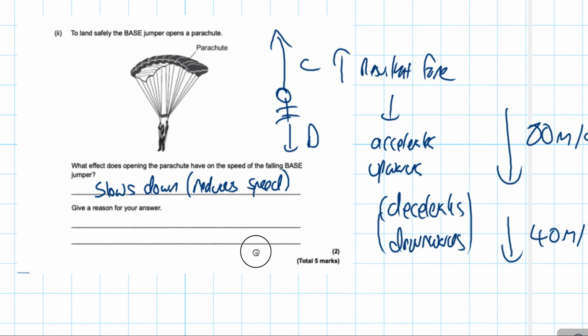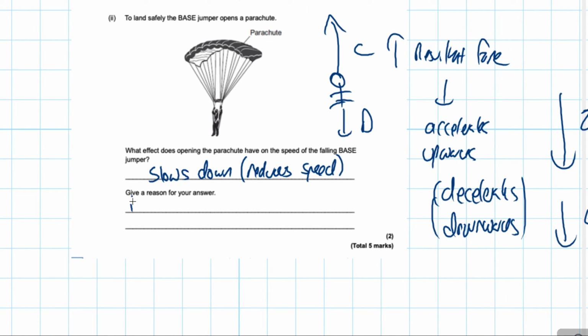So all you have to say for this question is that there is an increase in air resistance, or force C is bigger, and that will slow it down. And that will give you your 2 marks. So either one of these two answers will get you the correct one.